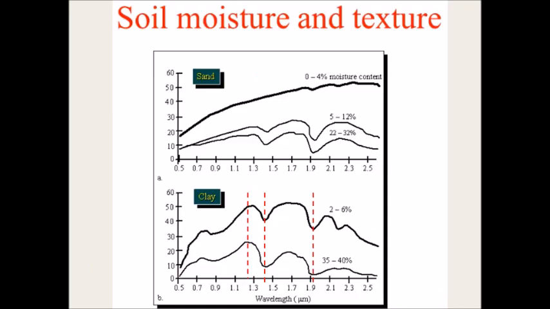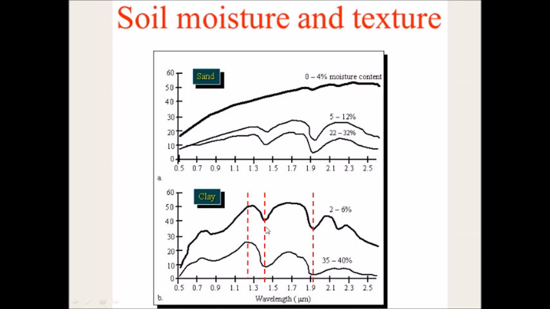Similarly, if we see this again, we have the different clay and sand. Again here we see that they have both the clay with 2 to 6% of moisture, and with 35 to 40% of moisture, they show peak reflectance at around 1.25 micrometers.